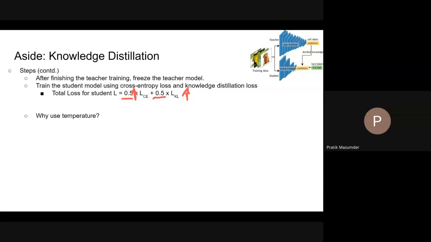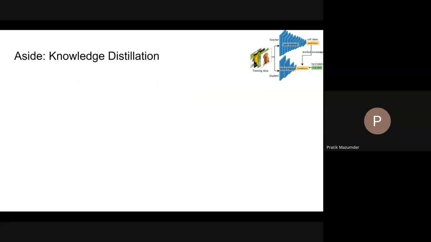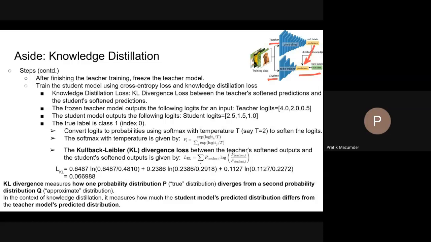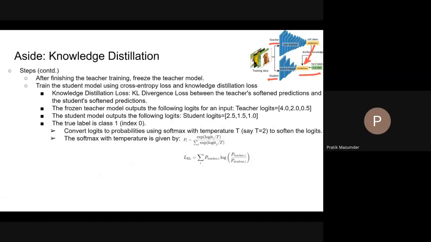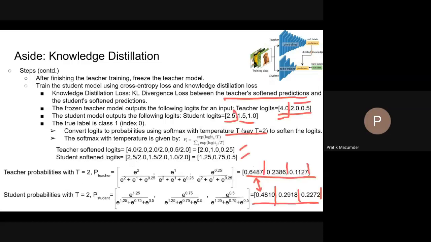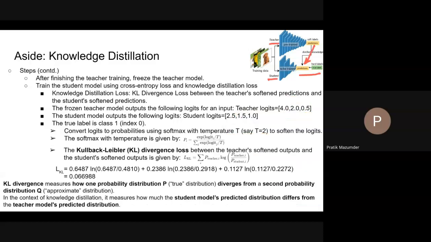Let's come to the concept of why we are using the temperature. Remember, the whole point was matching the probability distribution. We could have simply applied KL divergence to these without having to divide these values by some temperature. So why do we use temperature?